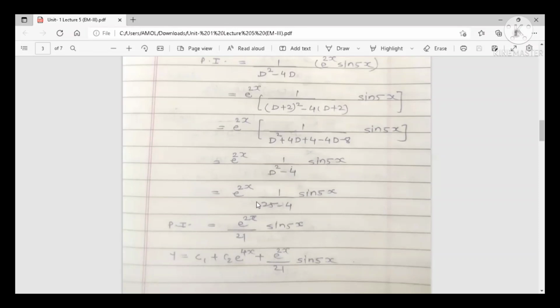Here is one correction. The term is here minus 25 minus 4, which is equal to minus 29.